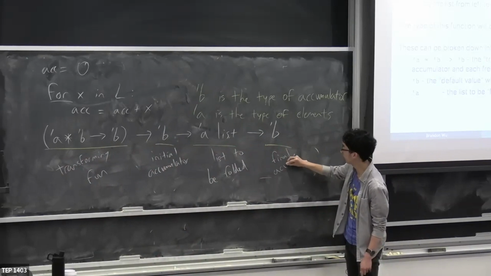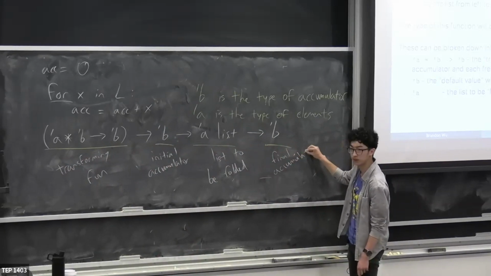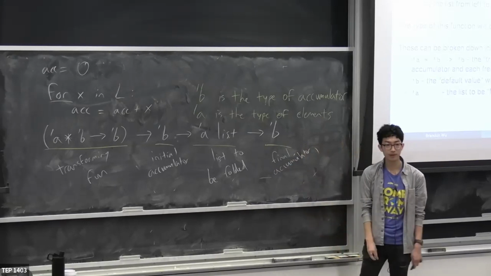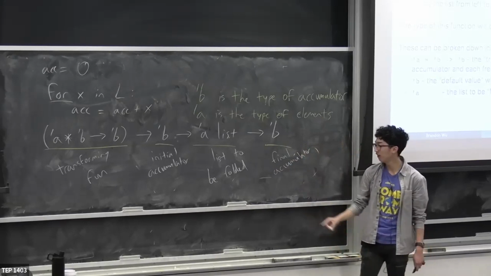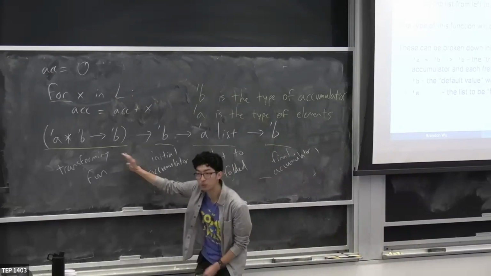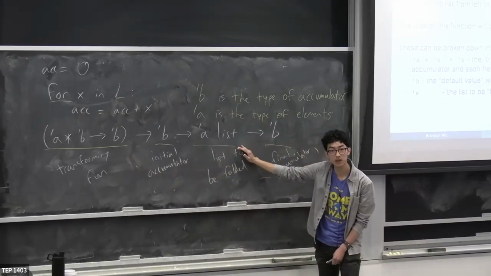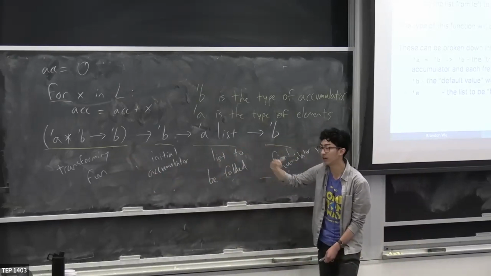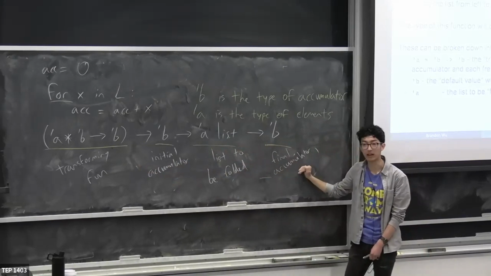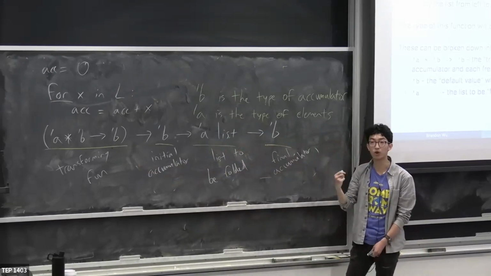In terms of purely the type, do you see what this is doing? Do you see why this should be a thing that works? I'm saying, give me an accumulator, do something to it for every element in this list, and produce a new accumulator each time, and eventually we'll get out the final accumulator once I run out of elements.